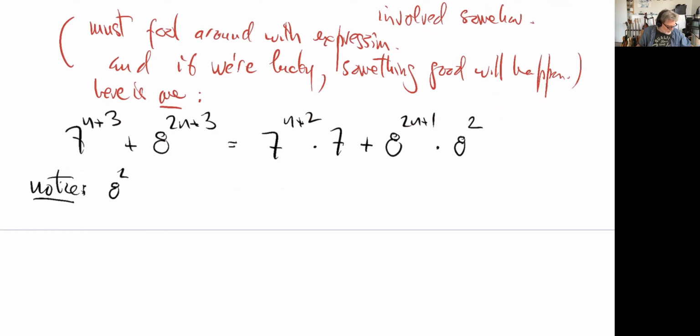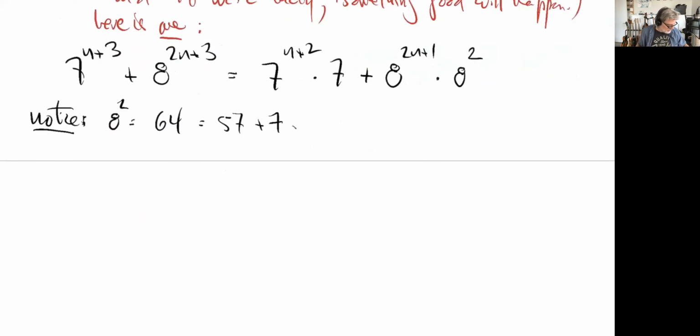So 8 squared, that's 64, right? 64 is 57 plus 7, okay? So let's rewrite that 64 there as 57 plus 7. Let's just do that, okay?